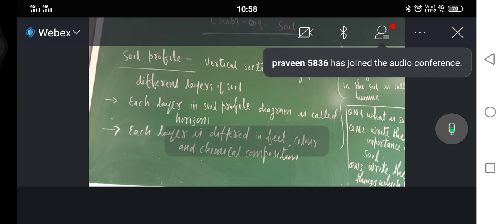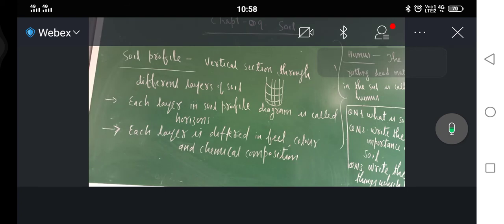See here. This is layers of soil. Now, like that section is called soil profile.